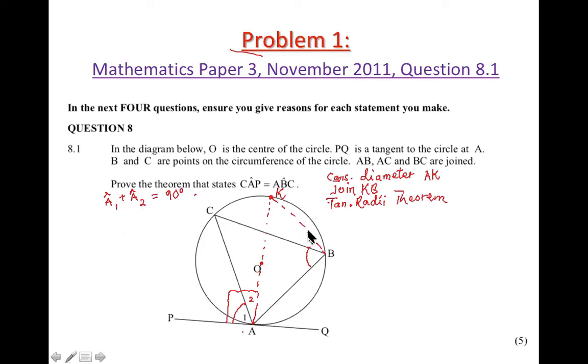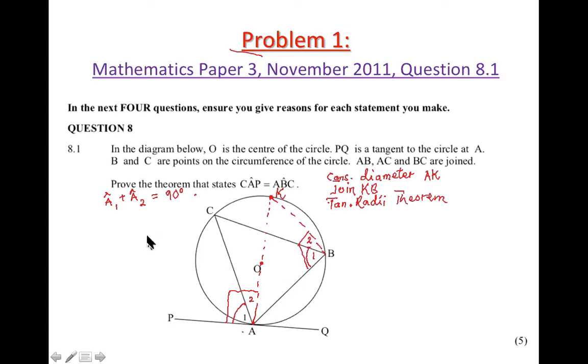Now, you remember one thing you learned in grade 11: when you have a diameter and the diameter subtends an angle, or that diameter is part of a triangle, the entire angle on the circumference is equal to 90 degrees. Okay, so we can also call this one, let's say B1, B2.